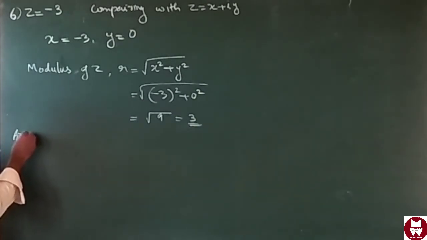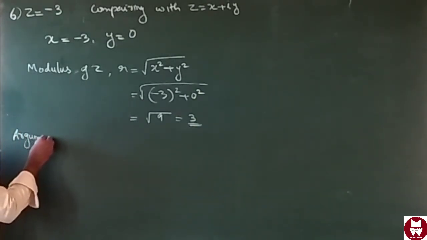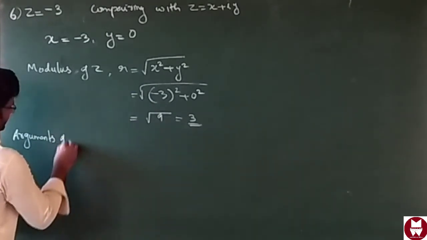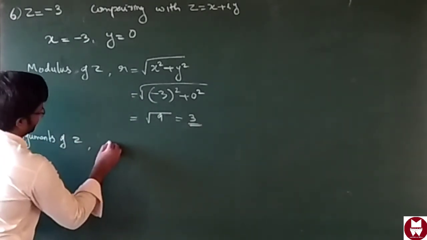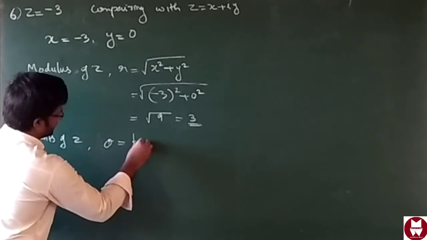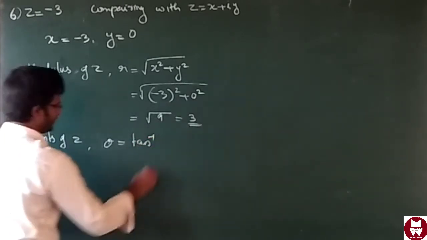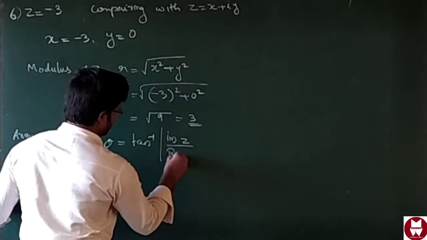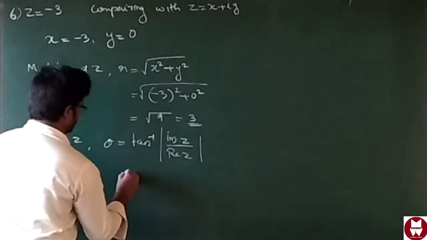Now the argument of z. Theta equal to tan inverse of modulus of the imaginary part of z divided by the real part of z.